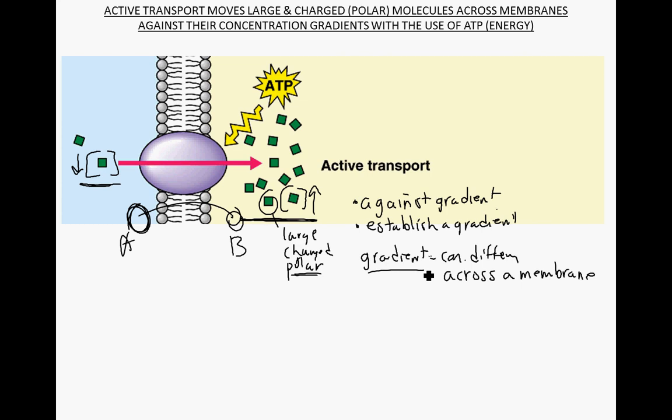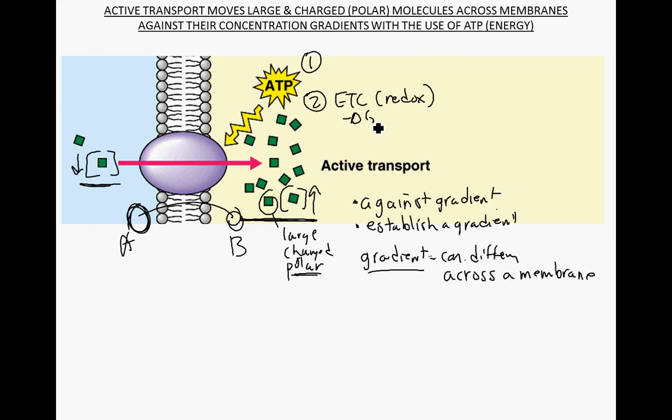Now, what we're seeing in these active transport mechanisms is that ATP is often used as an energy source to move these molecules against the concentration gradient. But it's not only ATP all the time. We've seen earlier in the year that moving electrons through an electron transport chain and a series of redox reactions will also provide a negative delta G to run these transport mechanisms.